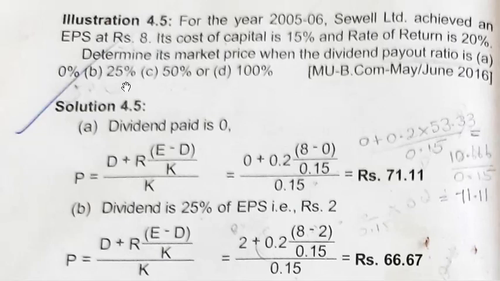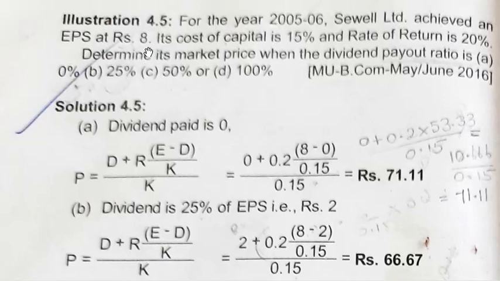Next is when the dividend is 25%. 25% of what? Whether dividend is calculated on face value or on EPS. You have to check whether it is payout percentage or payout ratio. It is payout ratio, which means we have to calculate on EPS.